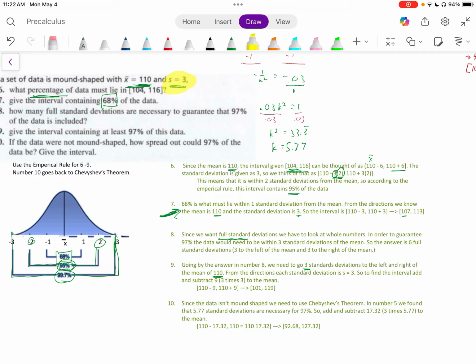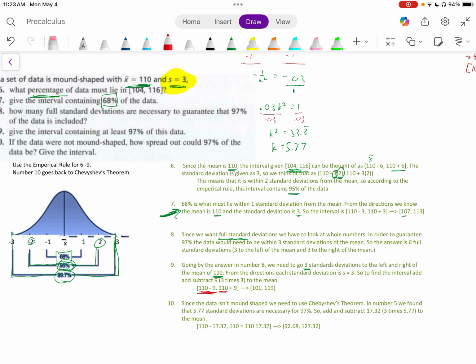Each standard deviation is 3, and we want to go 3 standard deviations, so 3 times 3 is 9. So 110, our mean, minus 9, and 110 plus 9. And so that's an interval from 101 to 119.